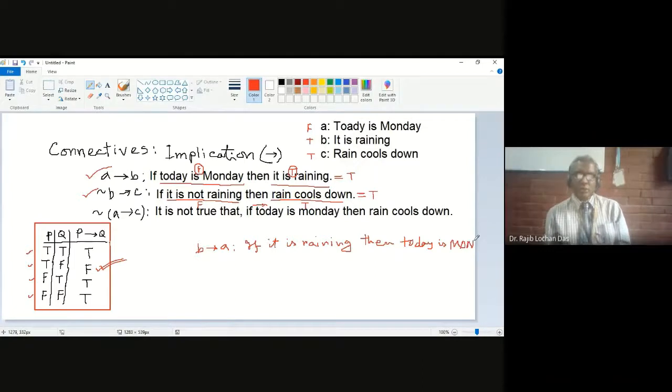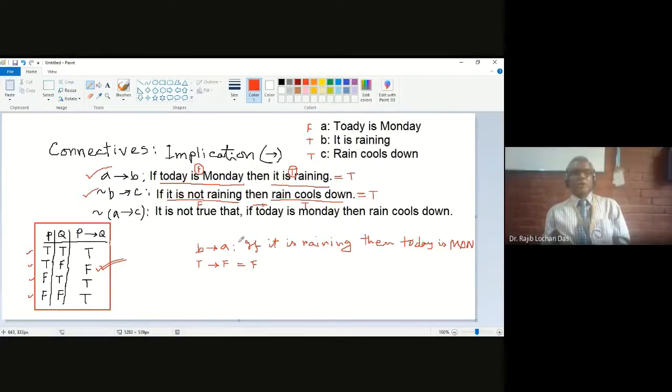So think about this. This result will be false because B is true and A is false. So the total result is coming as false.